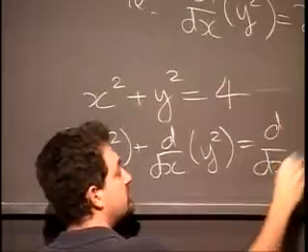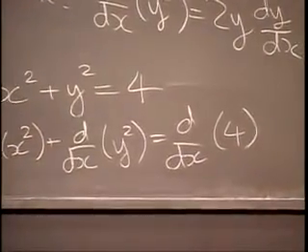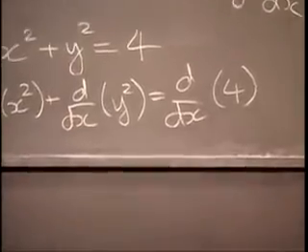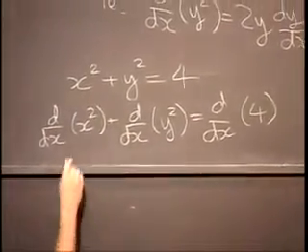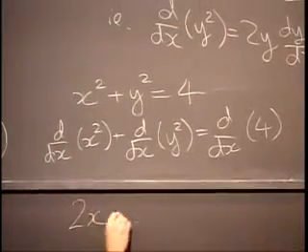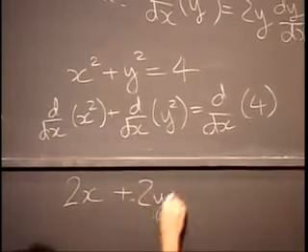This is a legitimate thing. Rather than square both sides or whatever, I'm going to d dx of both sides. And I get this valid equation here. So now we actually know what these things are. This is just 2x. We just calculated this above, and this is 2y dy dx.